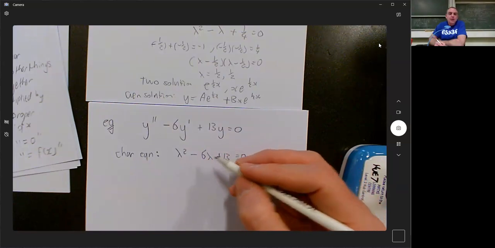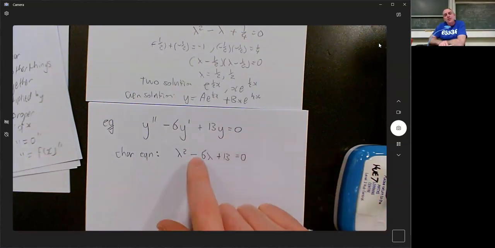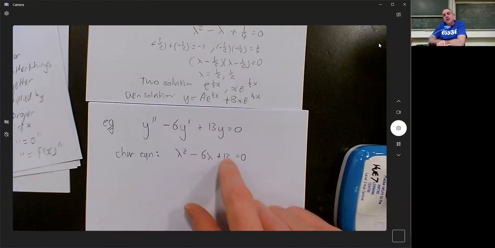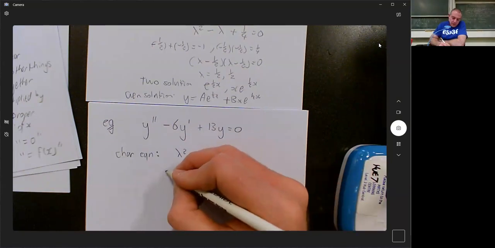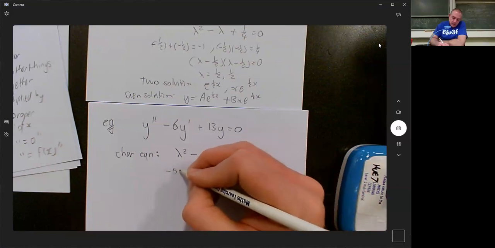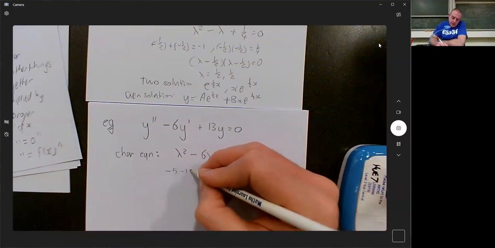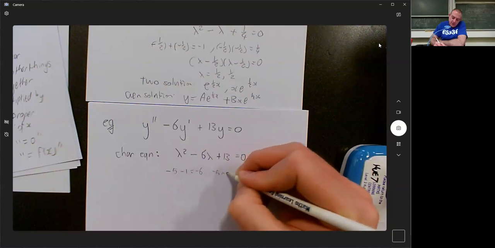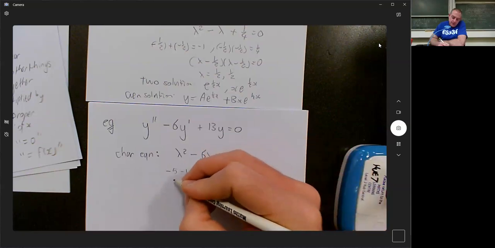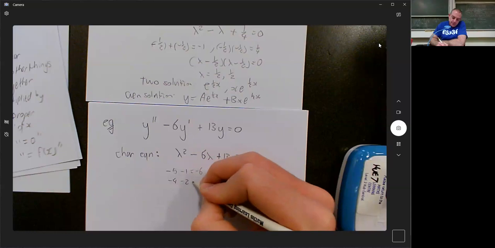At least one of them has to be negative to give this answer, and therefore they both have to be negative to get a positive answer here. So minus 5 and minus 1 gives me minus 6, and minus 5 times minus 1 is 5. It's not going to work, is it?